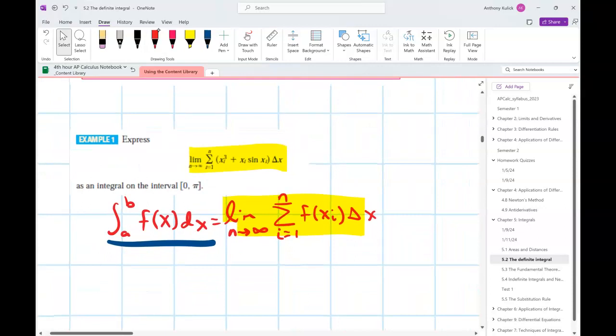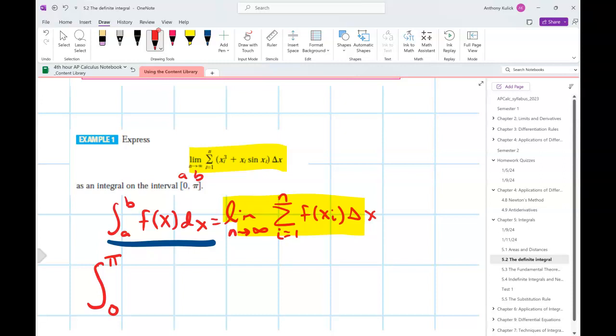All right. So my first order of business is I'm going to figure out what my a and b are for my integral. What are the a and b for this integral got to be? 0 and pi. Because that's the interval that we're finding the area under the curve for.